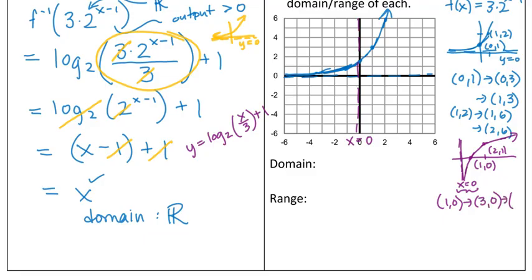And then if I shift up 1, it ends up at (3, 1). And then the point (2, 1), when I do the horizontal stretch, ends up at (6, 1). And then when I shift up, it ends up at (6, 2). So this is my sketch of the log function.